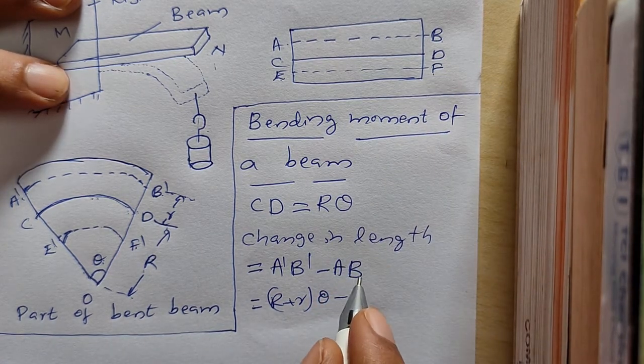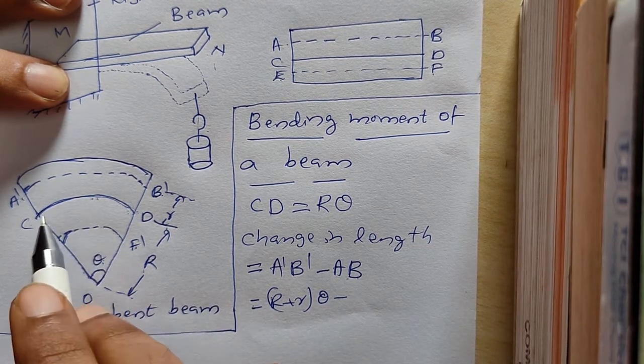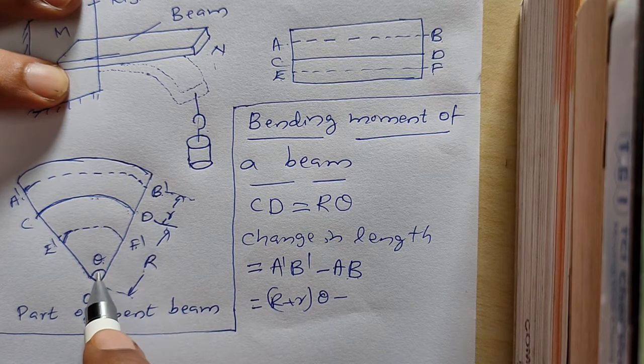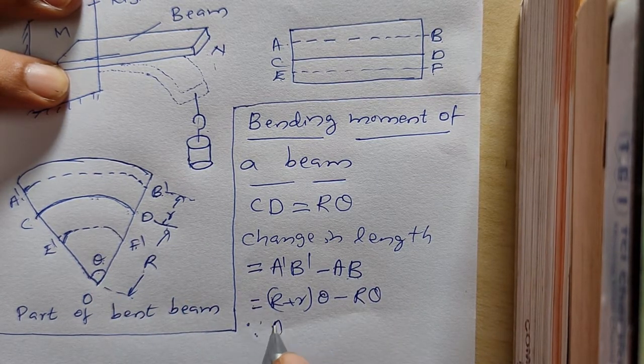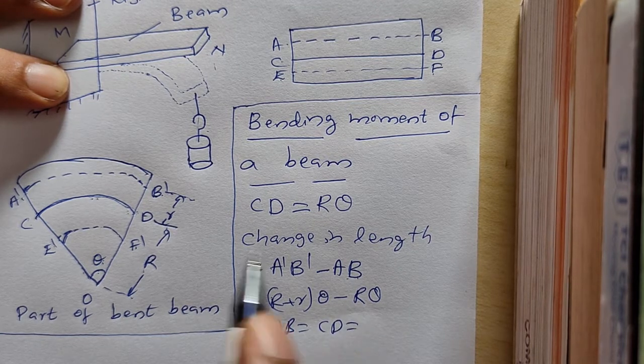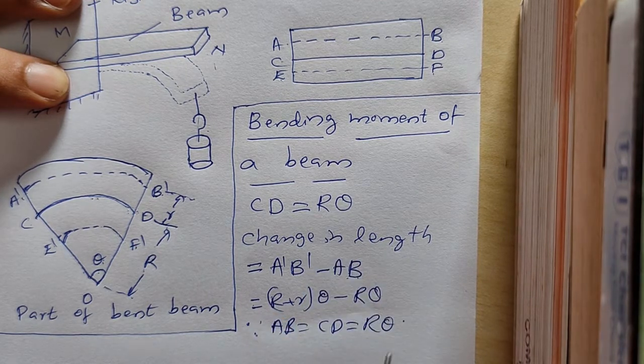So AB and CD are the same, right? CD we know is equal to R theta, so minus R theta, since AB is equal to CD, which is equal to R theta, which we have already written.